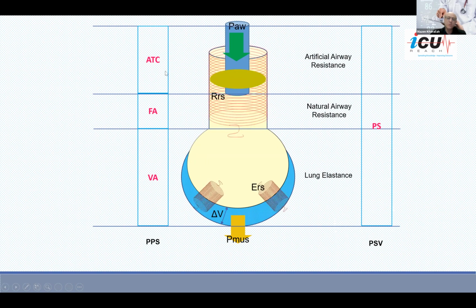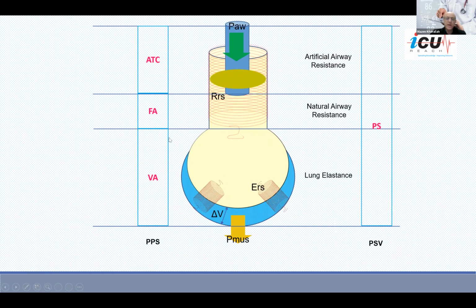And of course, we always set ATC, which is automatic tube compensation, to compensate, which is similar to pressure support. It depends on the size of the ET tube that you have. And we usually set it at 50% with PPS. So we have that pressure, and then we add to it another pressure that is coming from the flow that the patient is able to generate.